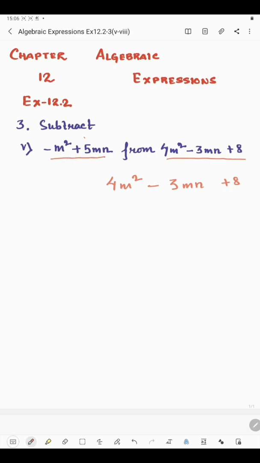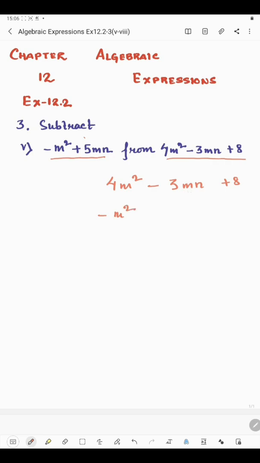Now as we did in case of addition, we put like terms below like terms. So here also we will be doing the same thing. Here the m square term we will have to put below m square. So below 4m square we will have to write minus m square.